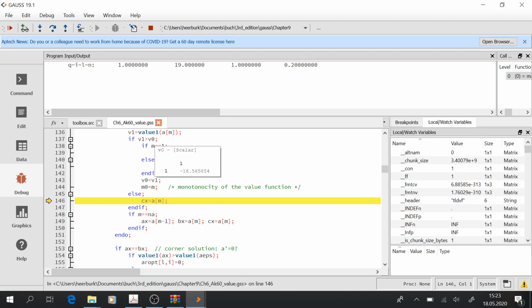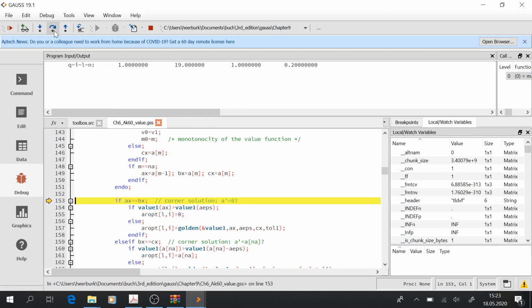So we know that at the point A3, our value function, our right-hand side of the Bellman equation is already decreasing, so our optimum must be to the left of A3. And we store, therefore, A3 as our upper limit on the golden section search interval, as our point Cx.